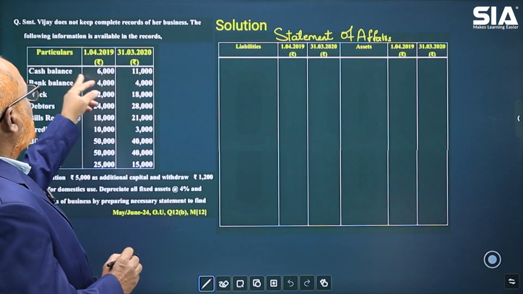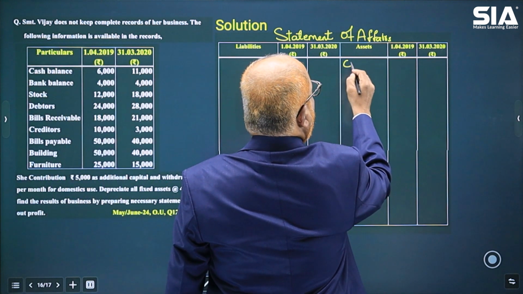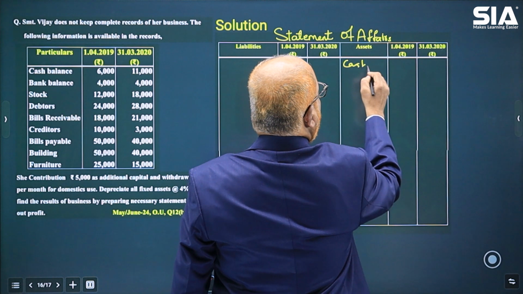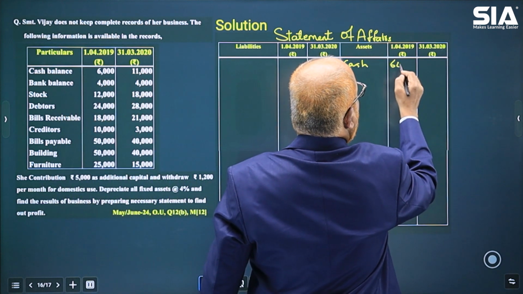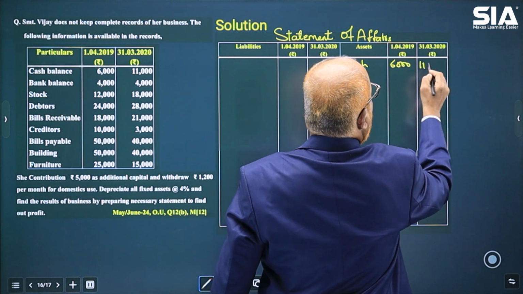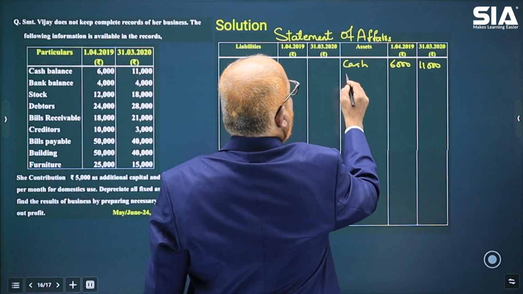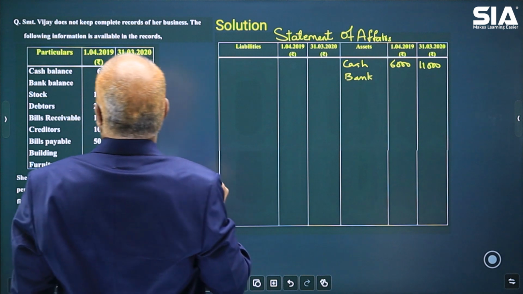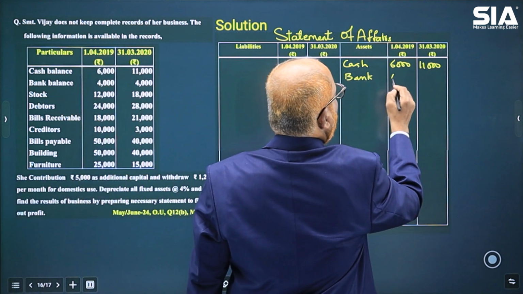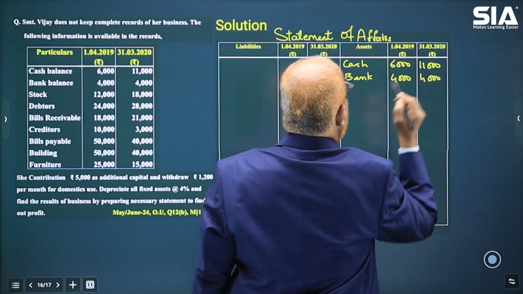First item given in the problem is cash balance, asset side. How much is the cash balance? Beginning of the year 6,000, end of the year 11,000. Then we have bank balance. It is 4,000 at the beginning of the year and 4,000 at the end of the year.